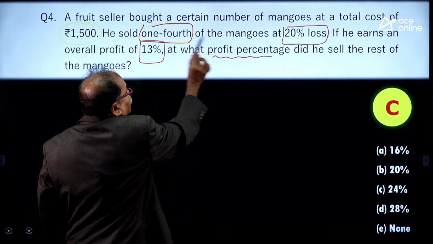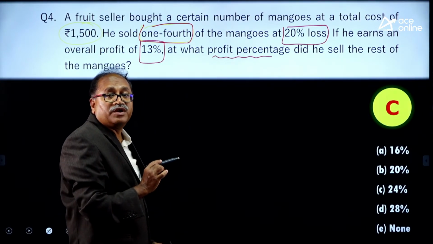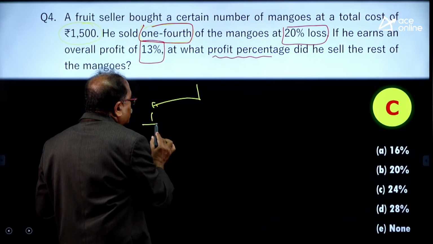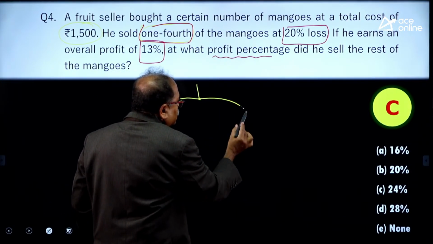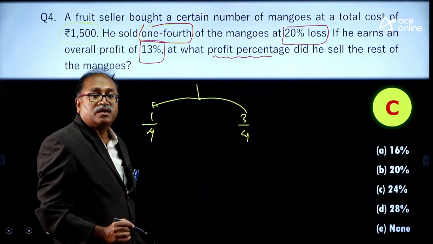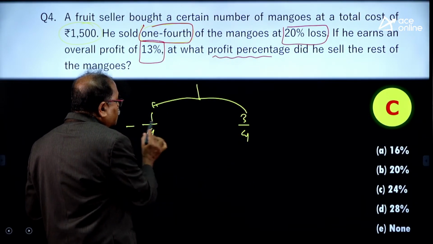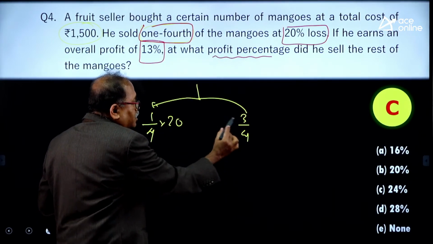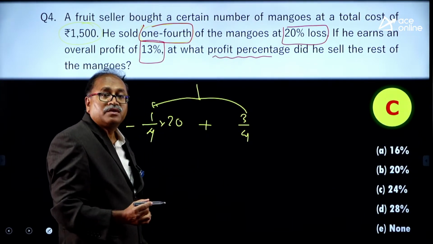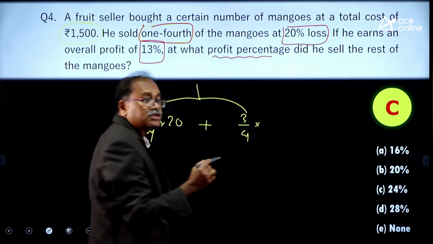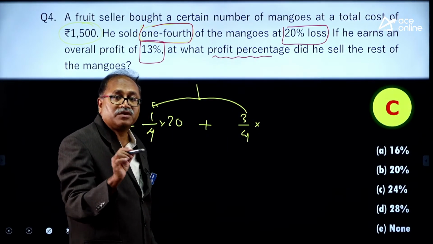So, 1/4 at 20% loss. The whole is sold in two parts, one is 1/4 with the loss and the second one is 3/4, the remaining part. In 1/4 there is a loss, put the minus over here, minus 20%, and here there must be a profit. So, plus 3/4 of what percentage profit I do not know, that is what the question is.